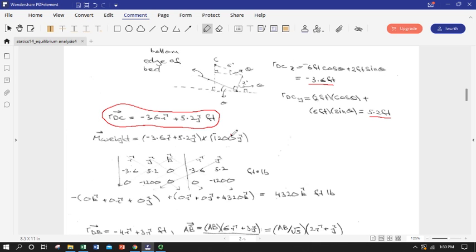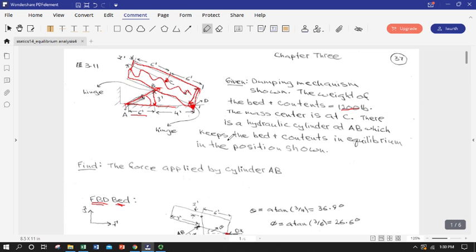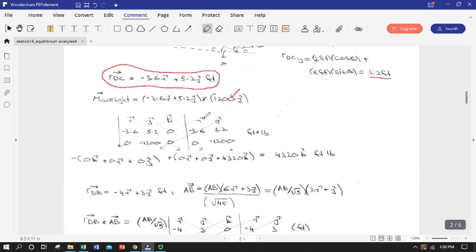So here's my weight vector, negative 1200 newtons. Newtons or pounds? Pounds. This is a British system. So 1200 pounds in the j, and here's my radius vector, cross them together and get 4,320 foot-pounds k hat.